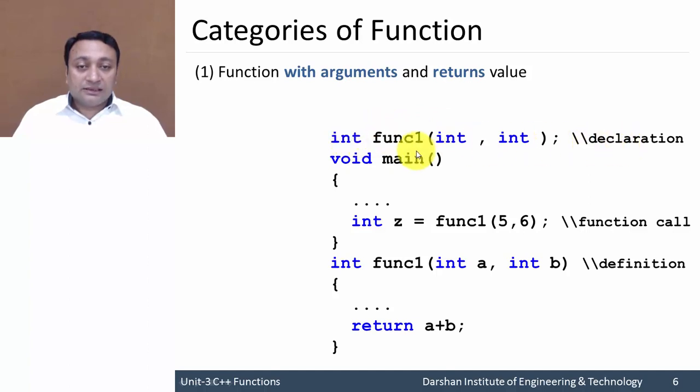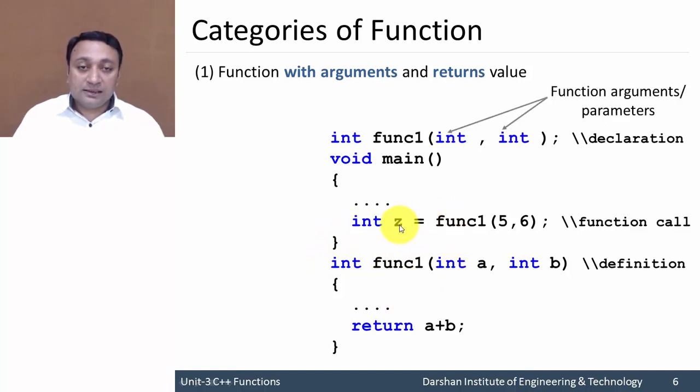So here is the declaration. Here is the function call. At the time of function call, I am passing actual values here, that is 5 and 6, and in the function definition, that is a and b. So 5 and 6 will be copied to a and b respectively. We will perform a plus b here, it will return, control will be back here, and the value returned by the function will be stored in variable z.